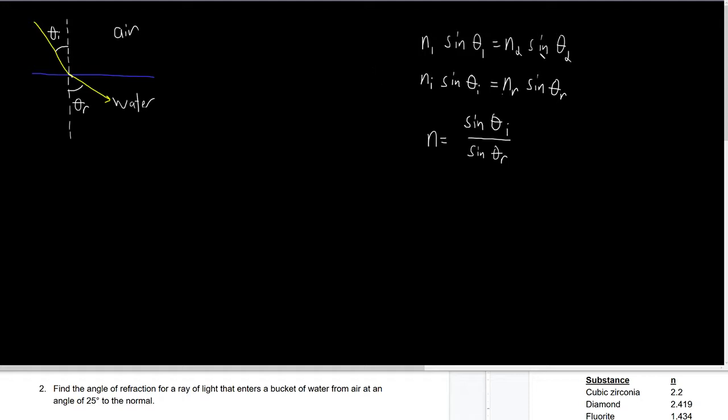Now, a new phrase there: the index of refraction. Typically what the index of refraction boils down to is the speed of light in a vacuum divided by the speed of light in the medium.